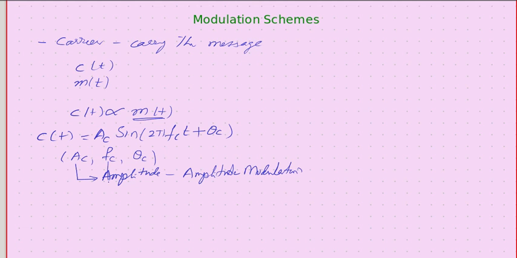Or we can vary the frequency of the carrier, and such a thing is called frequency modulation. Or we can also change the phase, and such a thing we call phase modulation.